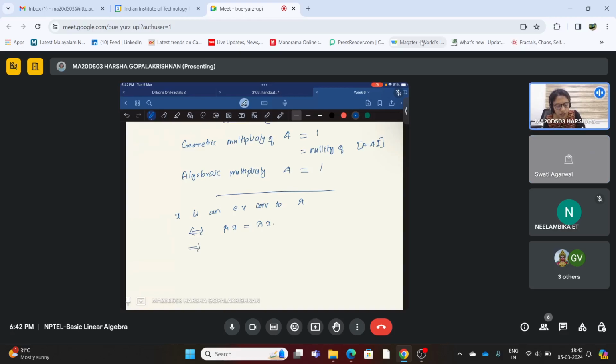Okay, that's understood. So now Ax equal to lambda x, how can I write it? (A minus lambda I) times x equal to 0. Yes. Now, what does this mean? x belongs to the null space of A minus lambda I. Okay, so this is the line which is not clear.